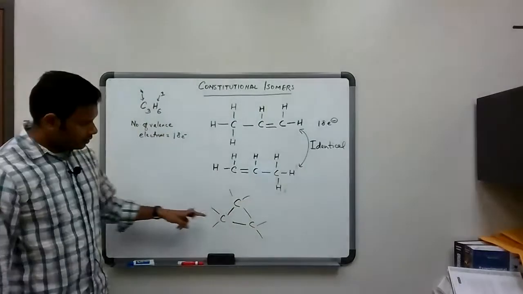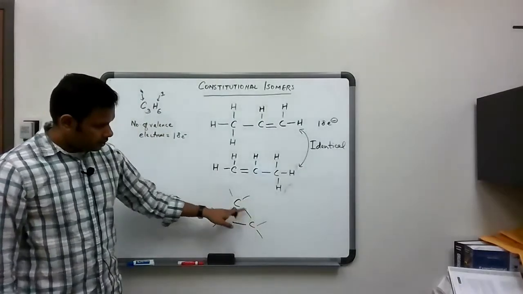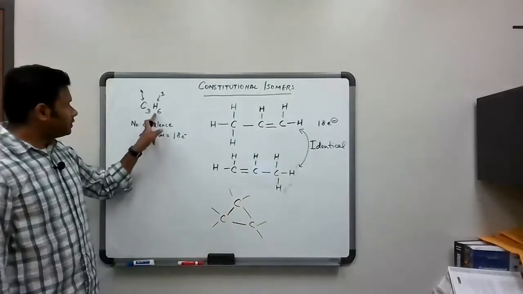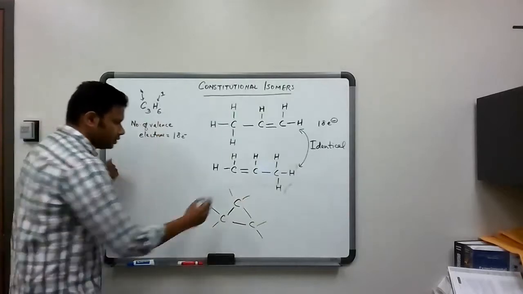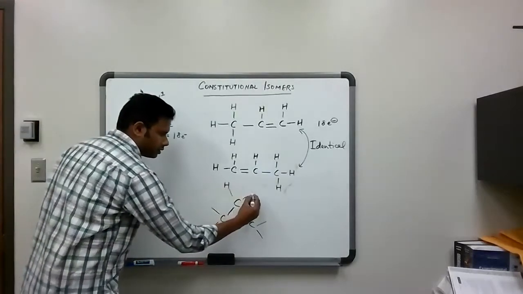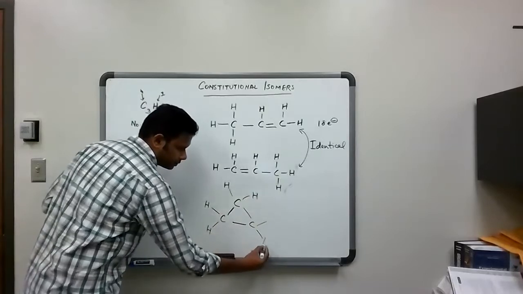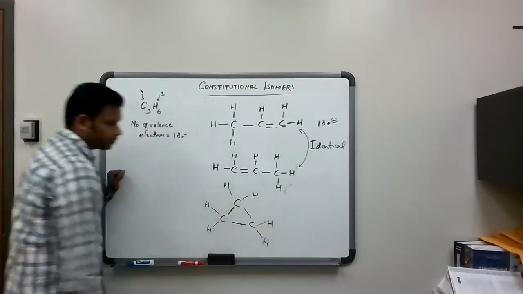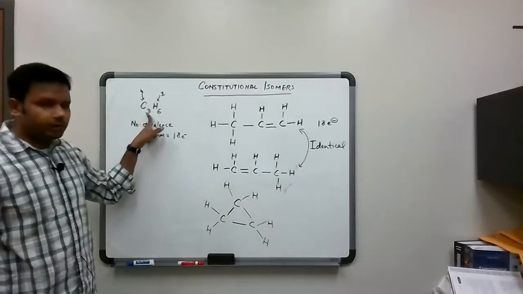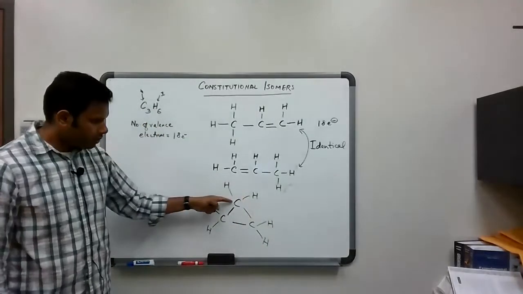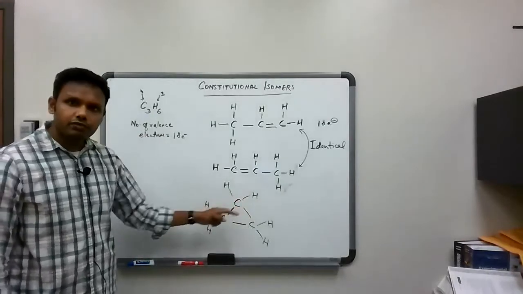Each carbon has 4 bonds around it overall. And we see there are 6 hydrogens. So we can add a hydrogen to each of these open bonds. And we've got C3H6. There's no charge on this because each carbon is making 4 bonds.